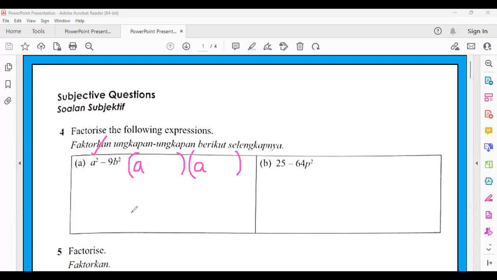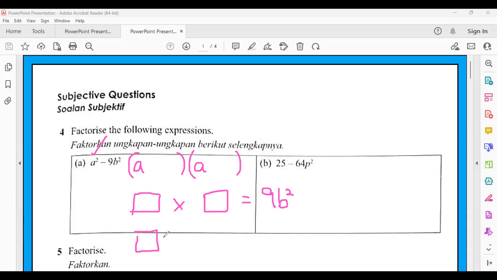Now, something times something is going to give me my 9b squared. Do you understand? Something times something is going to be my 9b squared.